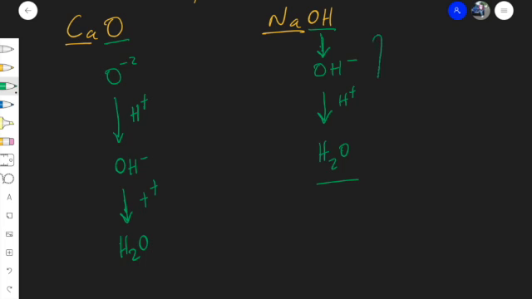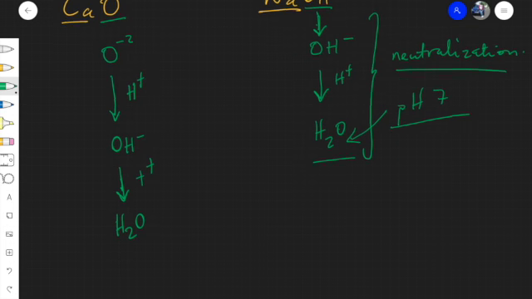And this reaction is very important. It is called the reaction of neutralization, as your water has got a pH of 7, as it is neutral.